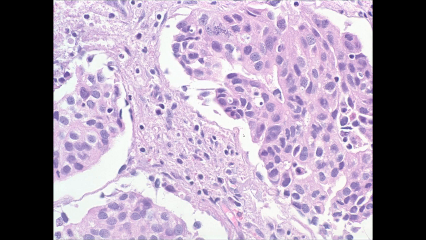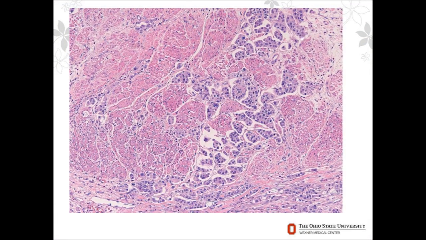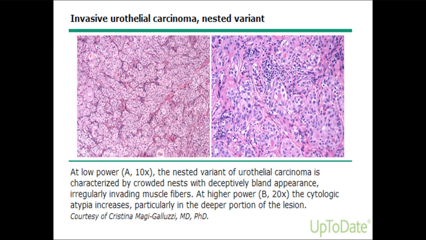But the key thing is to understand that the lacunae of micropapillary urothelial carcinoma may mimic lymphatic invasion, so you don't overdiagnose lymphovascular invasion. About two-thirds of these patients will present with lymph node metastasis. Here is a high power view of a micropapillary variant of urothelial carcinoma invading into muscle bundles.